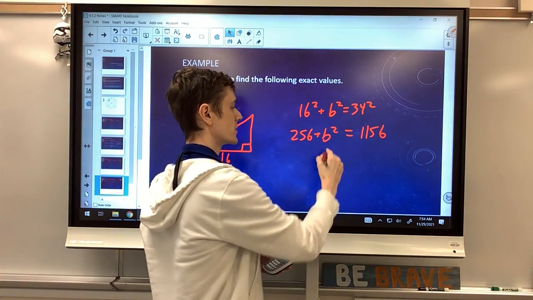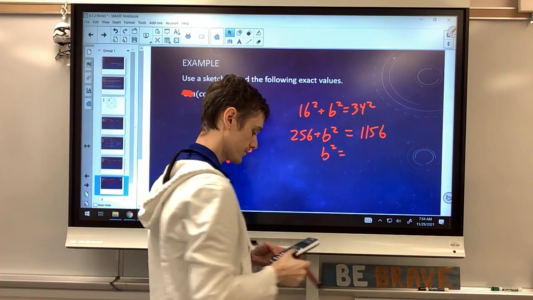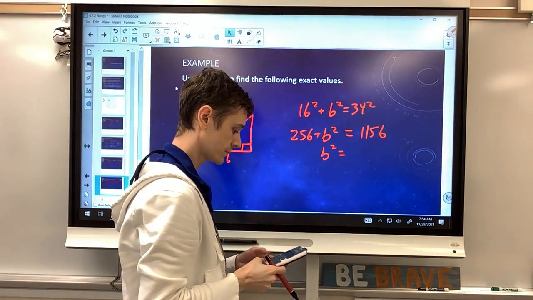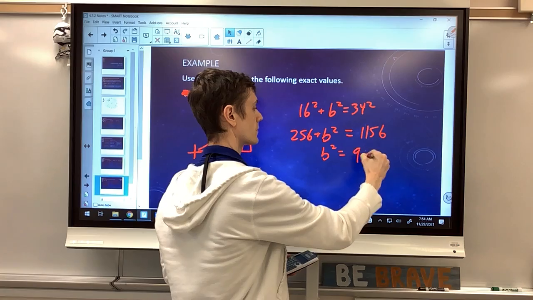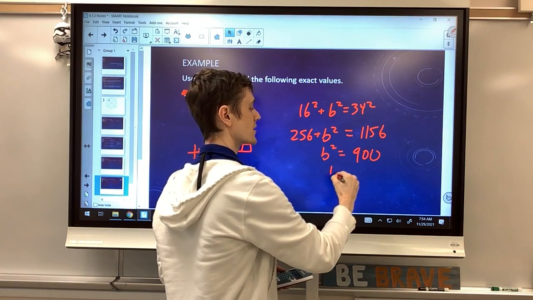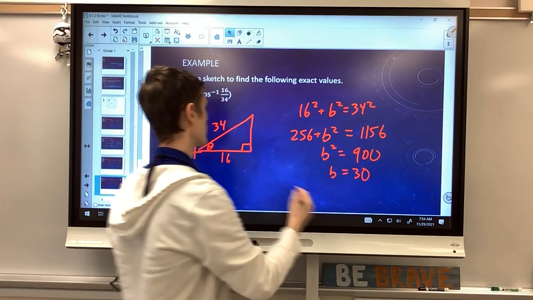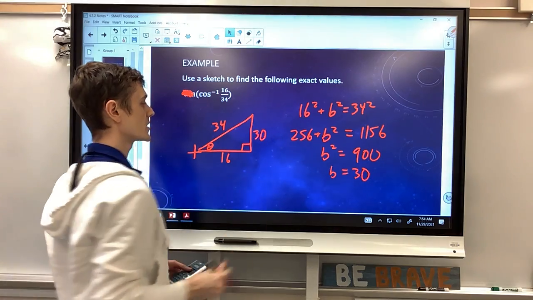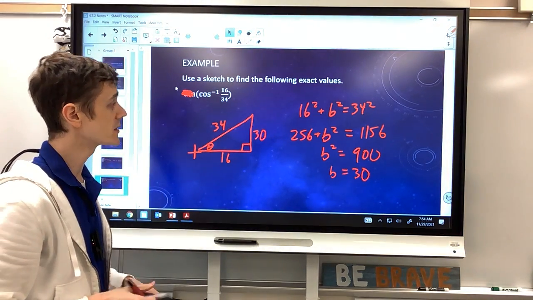So we subtract 256 from both sides. And then we're going to take the square root of both sides. So now I know that the other side is a 30. So we found the third side of the triangle by using the Pythagorean theorem.